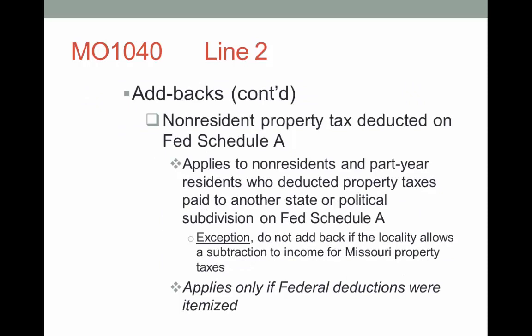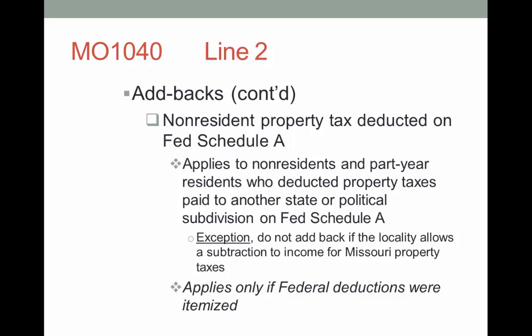Another add back that applies only if federal deductions were itemized: if there was a person who was itemizing their taxes and they claimed an itemized deduction for state and local taxes paid to a locality that was not in Missouri, then we have to add that back to the Missouri tax return.